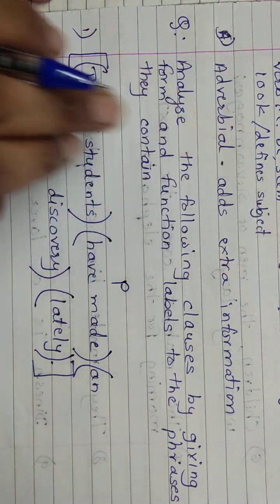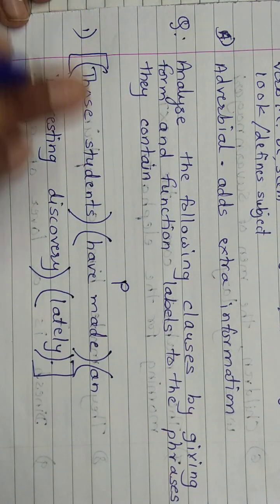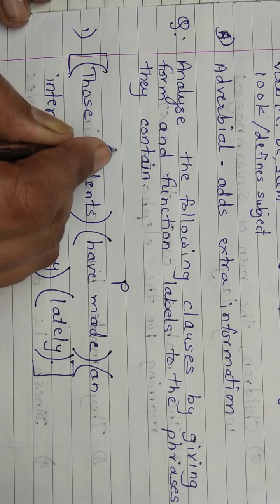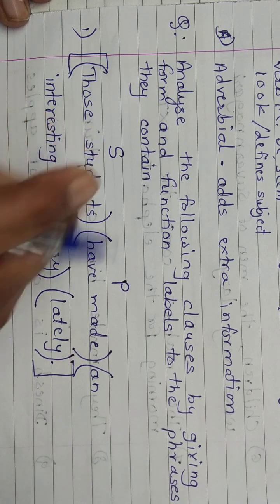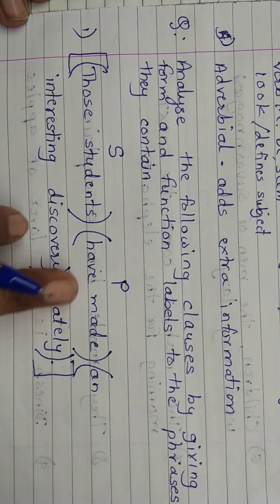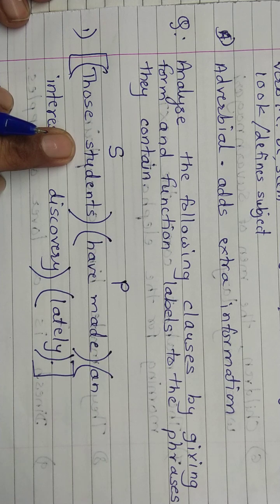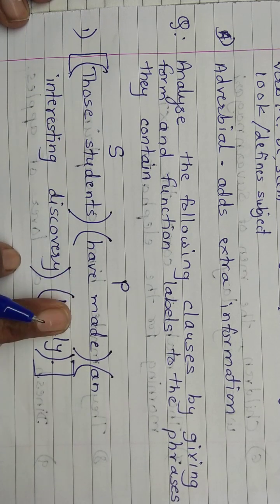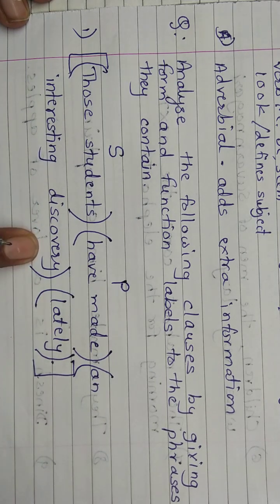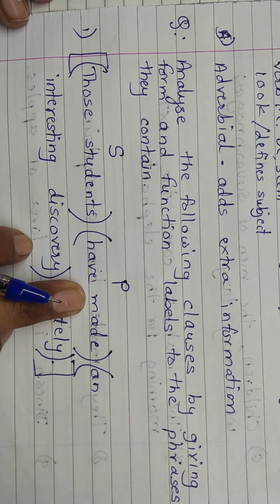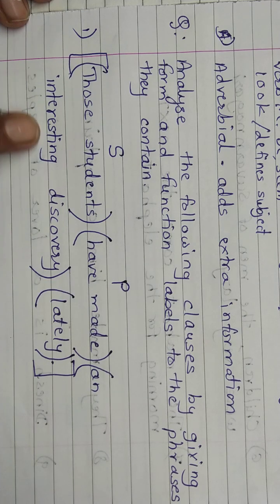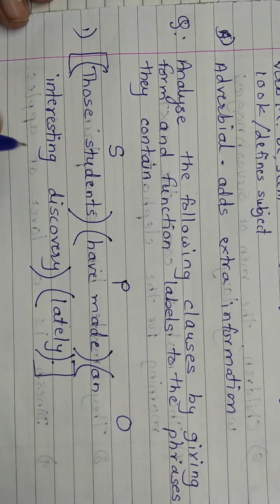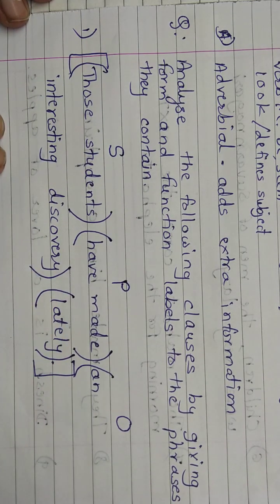As per the SPOCA structure, as per the succession, the subject precedes the predicator. Those students, doer of the action, have made an interesting discovery. What have they made? An interesting discovery. It is an object, a direct object.